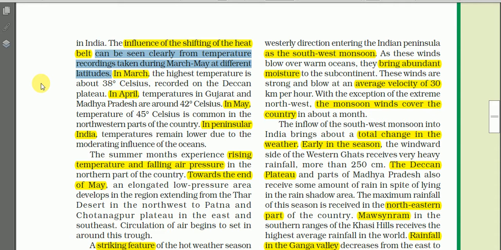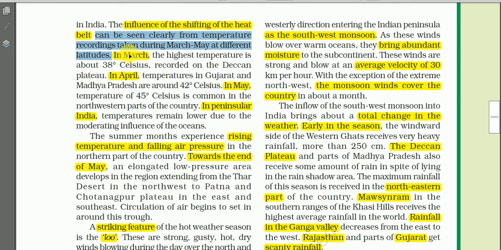In the summer season the sun is shifting to the north, and that is why the heat belt, the thermal equator, is also shifting to the north. So it can be clearly seen from the temperature recordings taken during March to May in different latitudes.